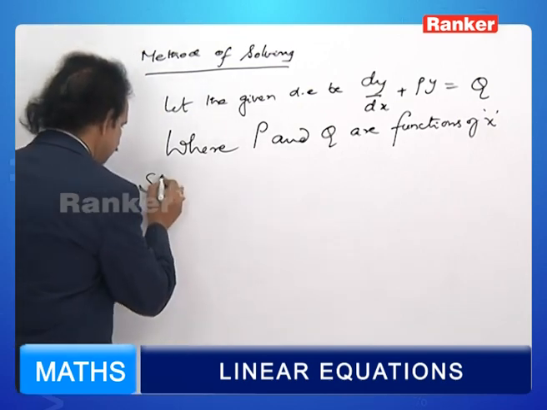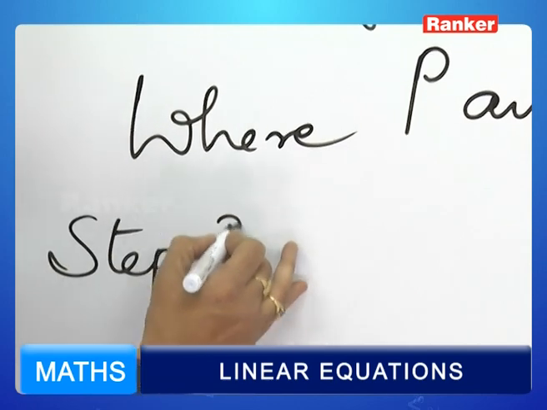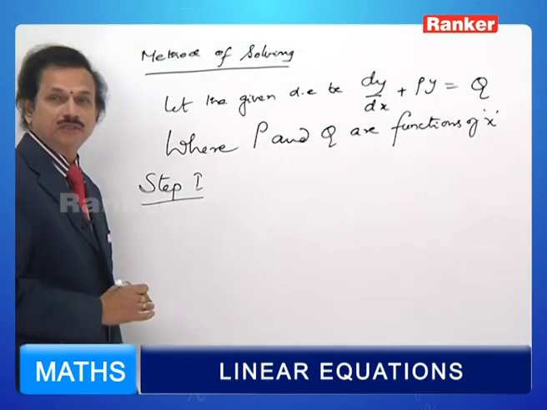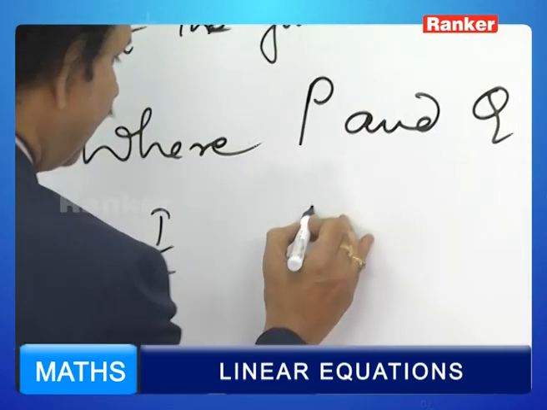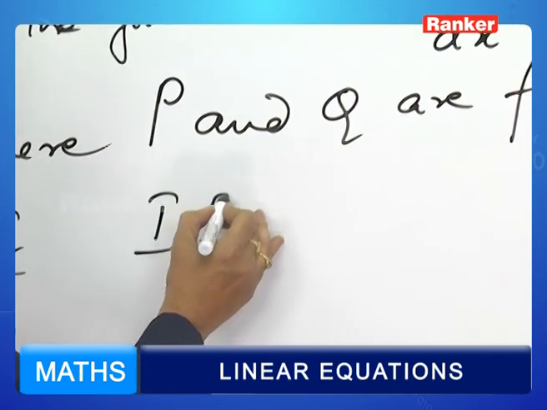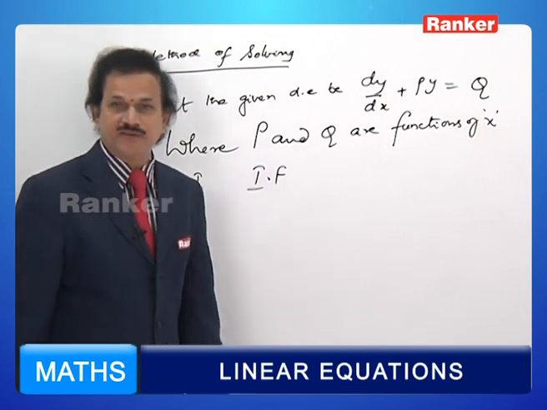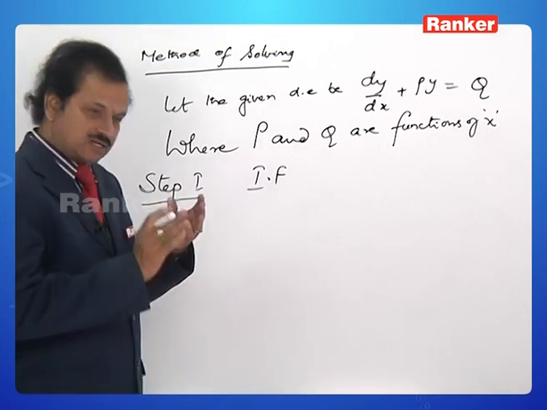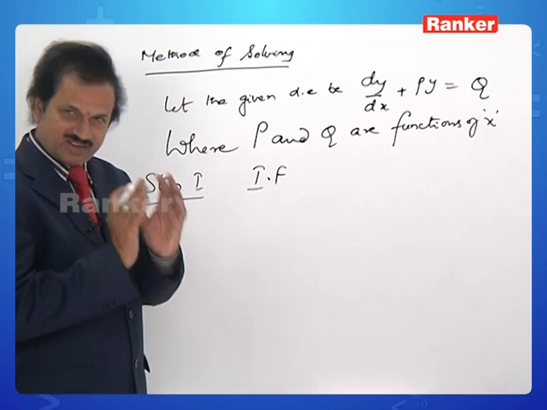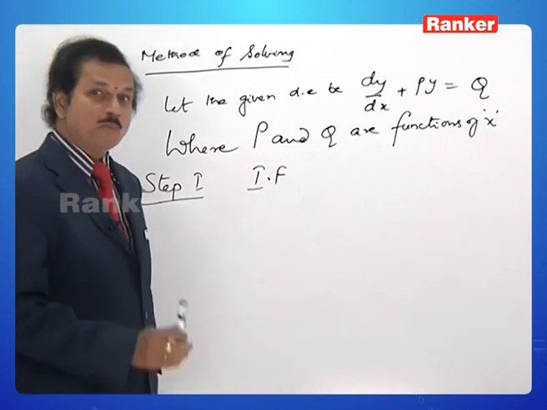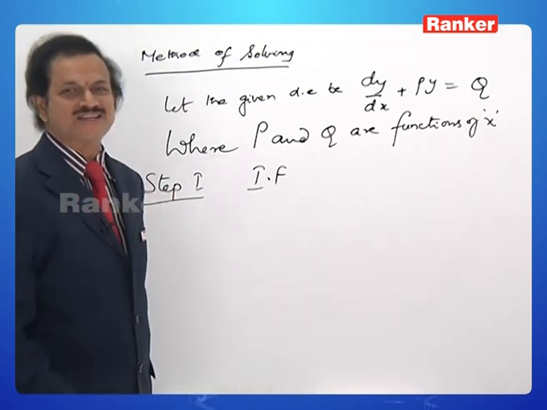Step 1. What is the first step? Integrating factor is equal to, I think you could have recollected the meaning of integrating factor. That is that factor or function or expression, of course, which makes the given equation exact.